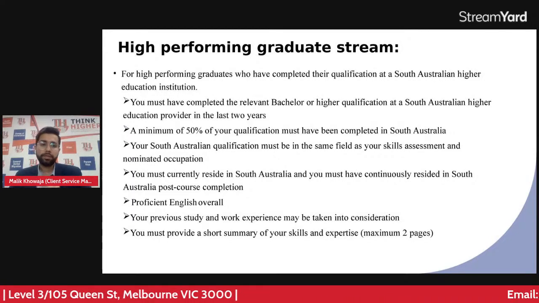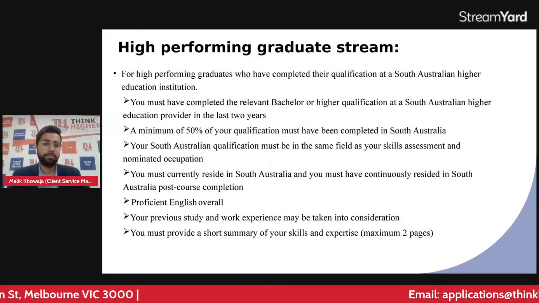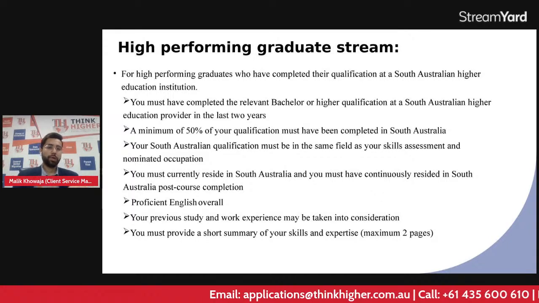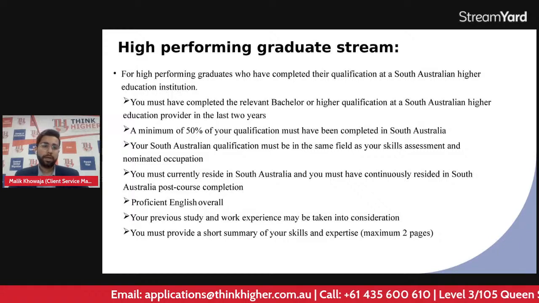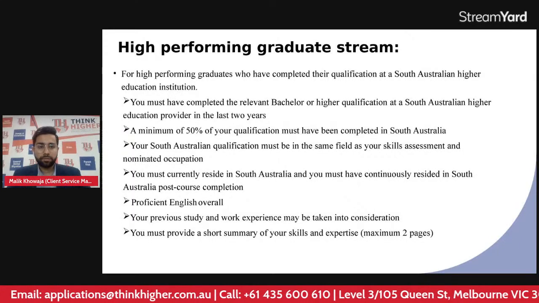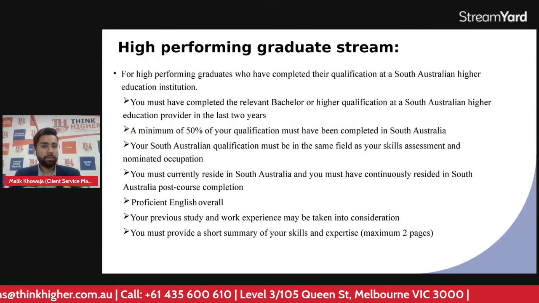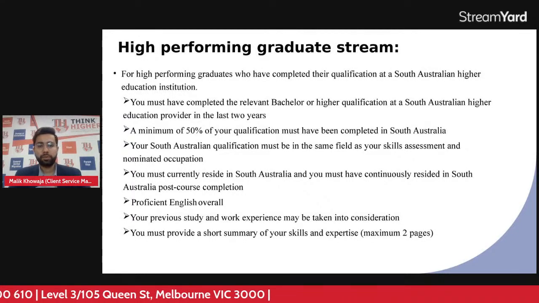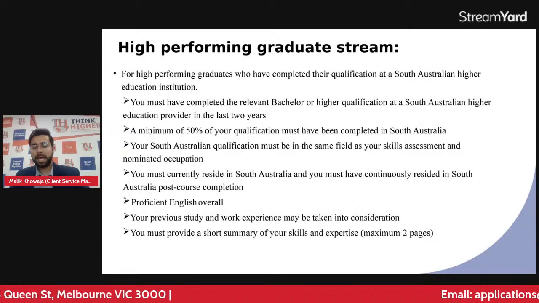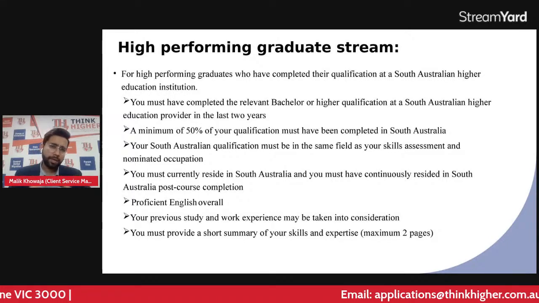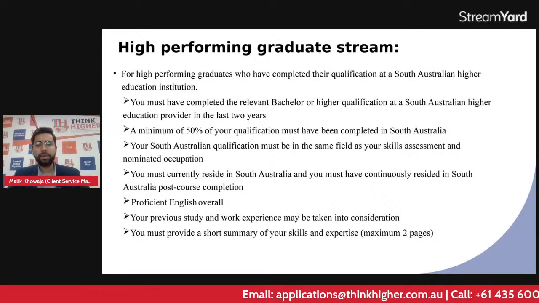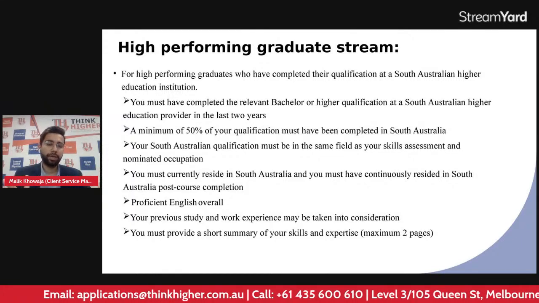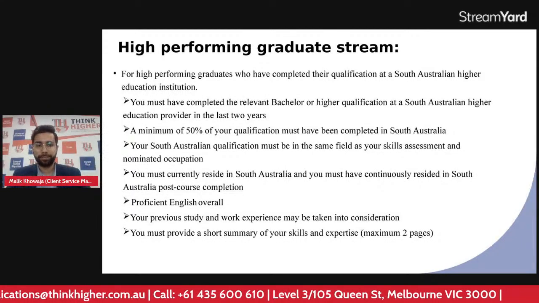If you started this qualification in an institute in Melbourne, Victoria, and you completed 1 year of this 2-year qualification, and then all the credit gets transferred to South Australia under the same course and you complete the remaining 1 year, this way you're going to meet this 50% qualification completion requirement under this stream.